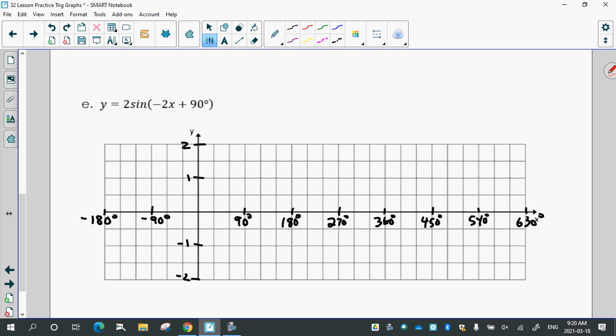And the parent is y equals sine x. I'm going to do one cycle of that. And sine starts at 0, 0, and we put that 1.